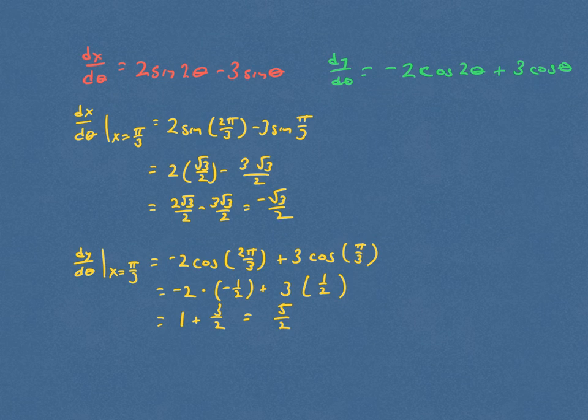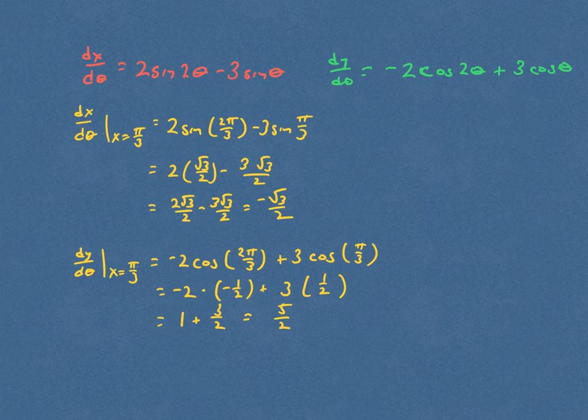dy d theta at theta equals pi over 3 comes out to be negative 2 cosine of 2 pi over 3 plus 3 cosine pi over 3, which comes out to be negative 2 times negative 1/2 plus 3 times 1/2, which gives me 1 plus 3 over 2, which gives me 5 over 2.